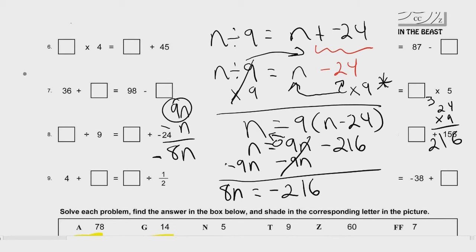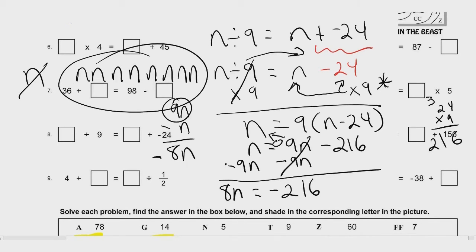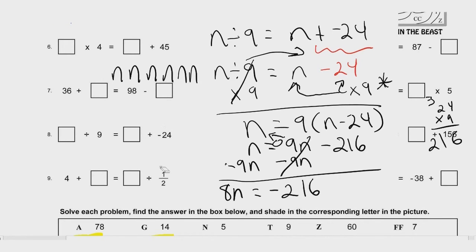Or you could say I had n and I'm taking away 9 of them. Well, that's 1 gone. So we have 8 more that we need to take away. 1, 2, 3, 4, 5, 6, 7, 8, which will give us a negative 8n. There are many ways of subtracting integers, but most of the time you should be able to do it in your head. So we have a negative 8n.